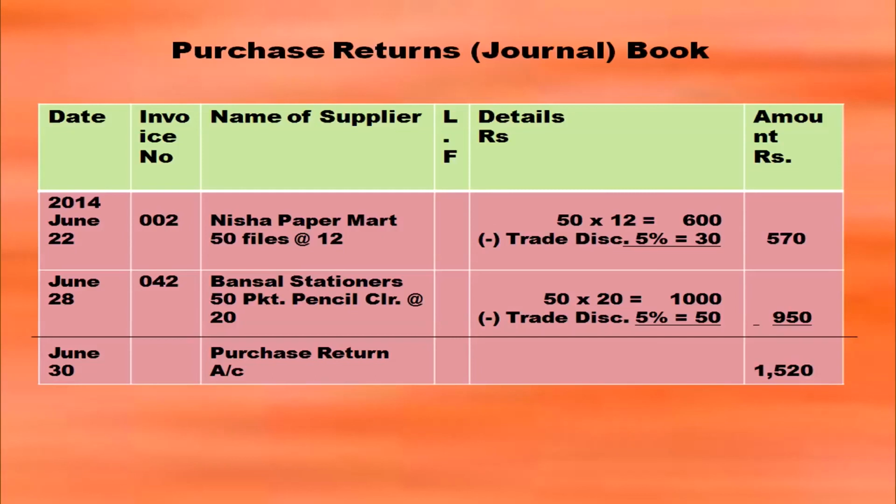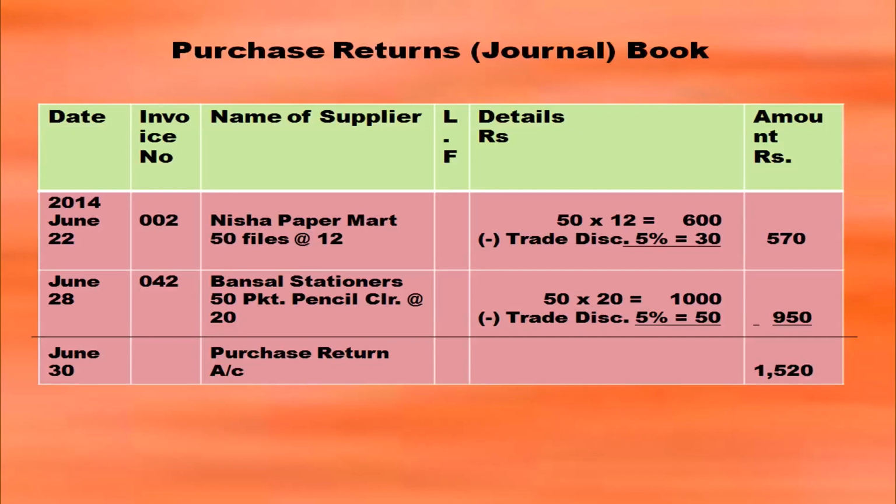Then from Bensel Stationers also we have purchased certain materials and we have returned some to Bensel Stationers. What items we have returned? 50 packet pencil color at rupees 20. So, 50 into 20, 1000, trade discount 5%, 1000 into 5 by 100, that will come to 50. 1000 minus 50 will give you 950, net amount 950 will come in the amount column.